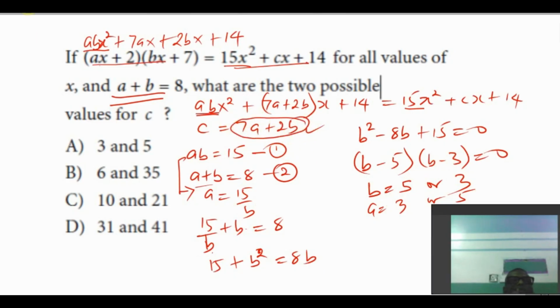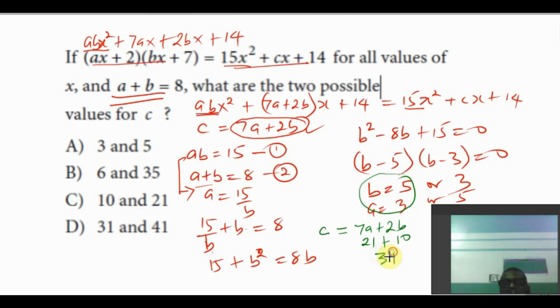My c is equal to 7a plus 2b. So let's pick this first value here. a is 3, so 7 times 3 is 21, plus b is 5, 2 times 5 is 10.